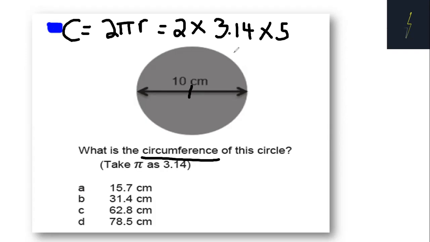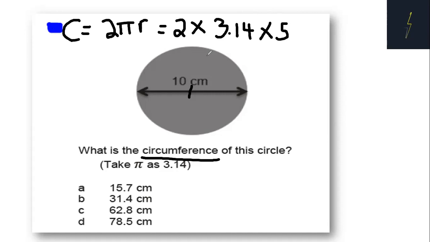You want to tell me what you did really fast? I multiplied 3.14 times 2 and then I got 6.28, and then I multiplied by 5 and got 31.40. All right, and you did that without a calculator? Yes, sir. All right. Thank you.